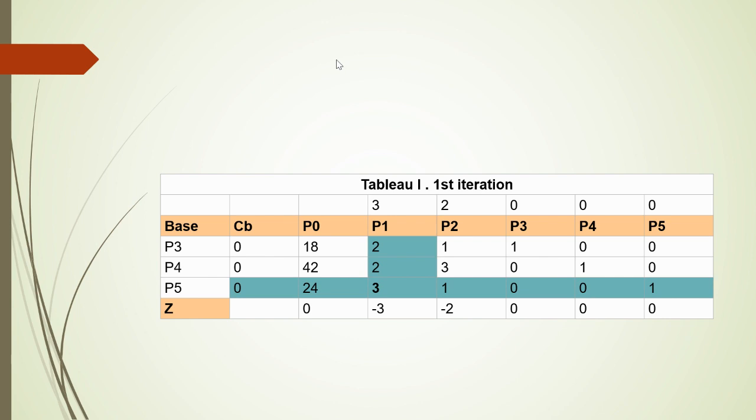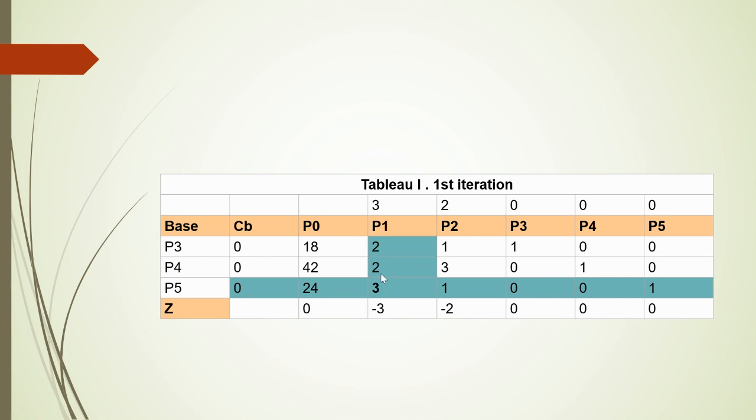In some books it is given as Cj minus Zj, and in some textbooks it is given as Zj minus Cj. So in this example, we have taken Zj minus Cj. In this problem, we got minus 3 as the most negative value.